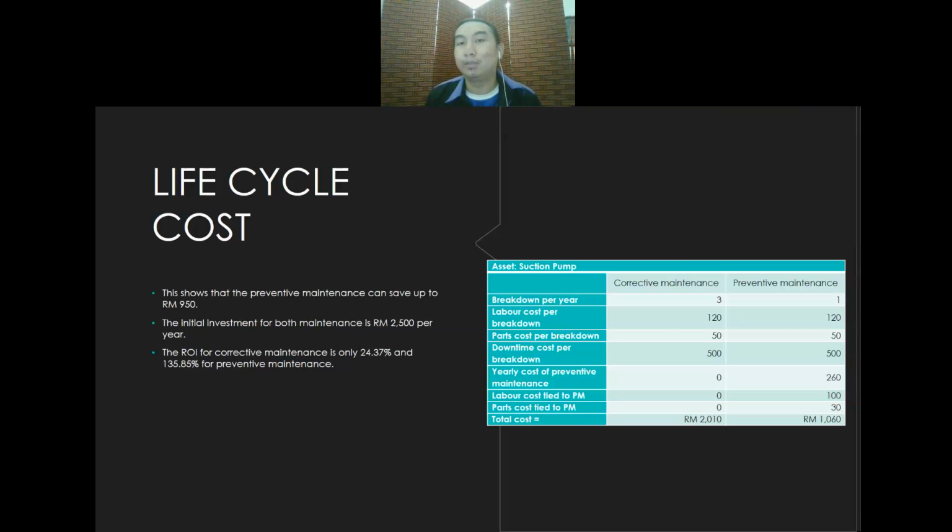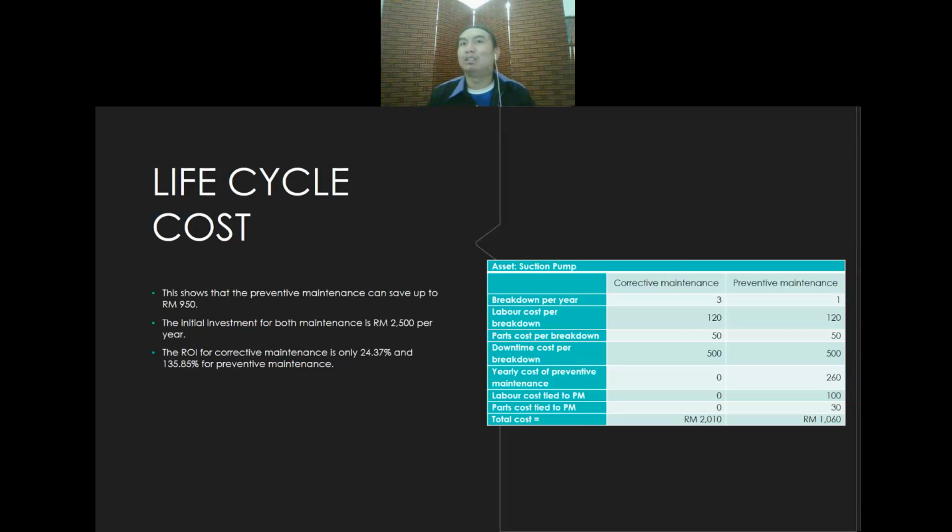So you can see that the breakdown itself can influence the total cost. That's why preventive is more excellent in this situation. It also shows that preventive maintenance can save up to 950 ringgit compared to corrective.